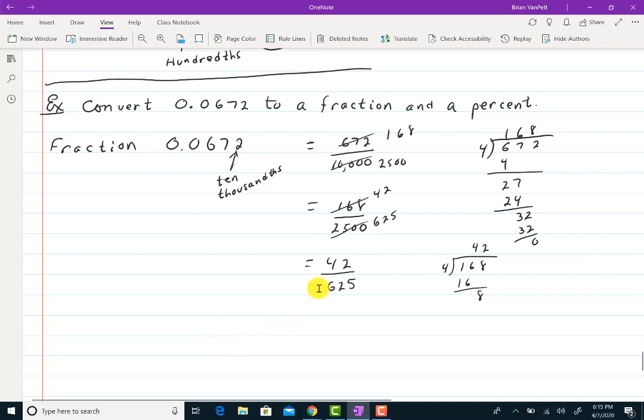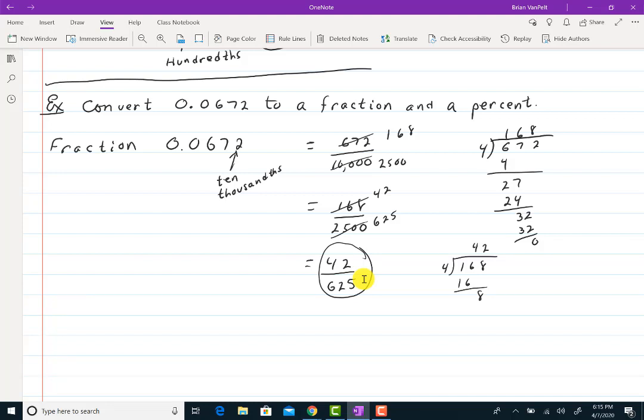Now 42, I know that 3 goes into 42, but if you add up the digits down here, 6 plus 2 is 8, plus 5 is 13. 3 doesn't go into 13, so 3 doesn't go into 625. There's not a lot that goes into there. 7 goes into 42. Obviously 2 does, but 2 doesn't go into 625. 7 goes into 42, but 7 does not go into 625. So I'm going to leave it like this. That's a fraction in lowest terms.